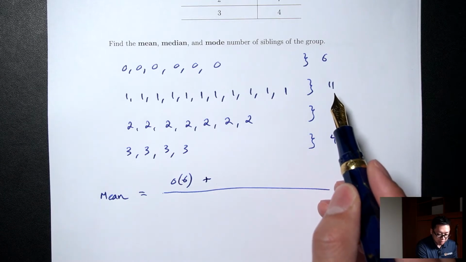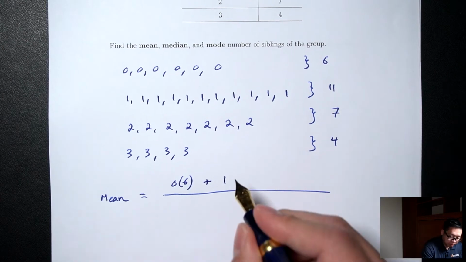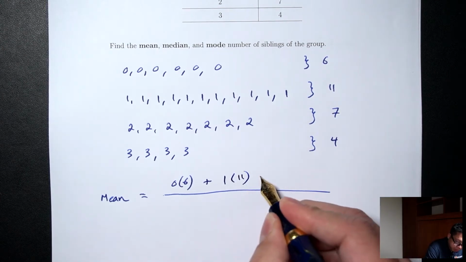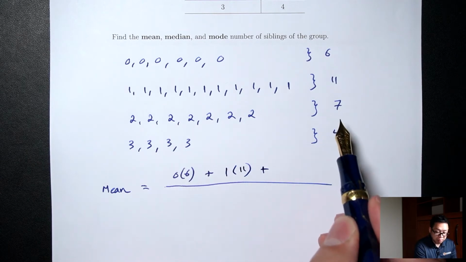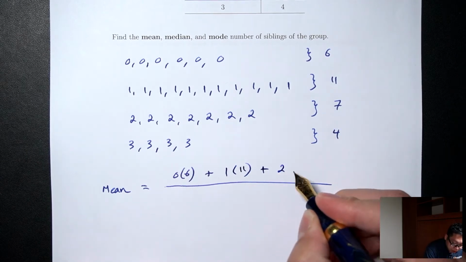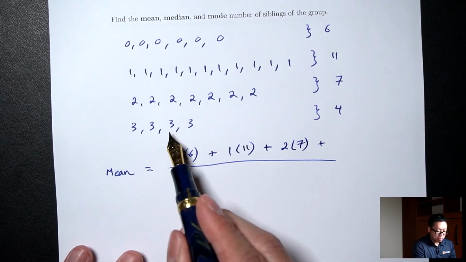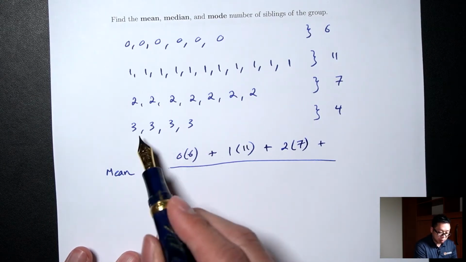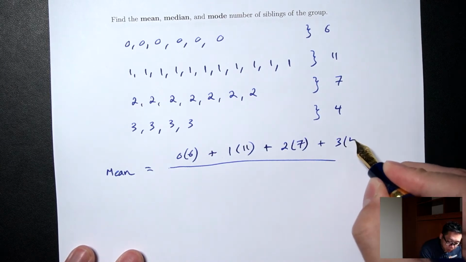But that's the same thing as saying 1 times 11. You could go 2 plus 2 plus 2 plus 2, 7 times. That's the same thing as saying 2 times 7. And then finally, 3 plus 3 plus 3 plus 3 is the same thing as saying 3 times 4.